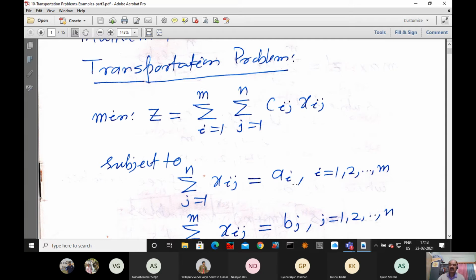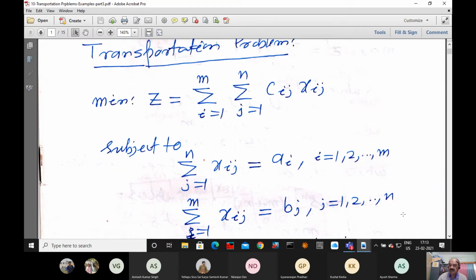Similarly, the destinations, that is the marketplaces: destination D1 requires B1 units, D2, B2 units, and so on up to Bn. So we say it is balanced because the sum of all the Ai, A1, A2 up to Am, equals B1, B2 up to Bn. This type of problem is feasible if availabilities are more than the demand.